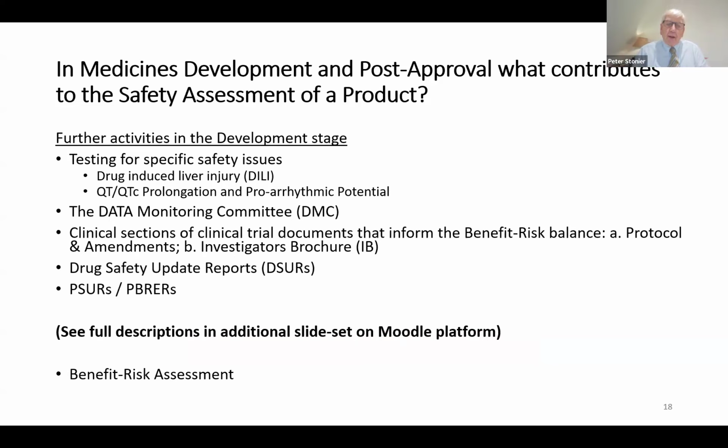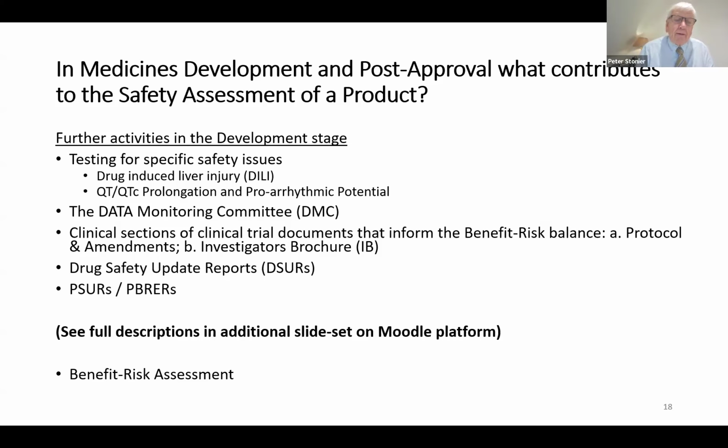Examples here are looking for the incidents and the issues to do with drug-induced liver injury, which itself has been such an important reason for drug withdrawals over the last decade, really. So looking for indicators of drug-induced liver injury is really very important for a product.